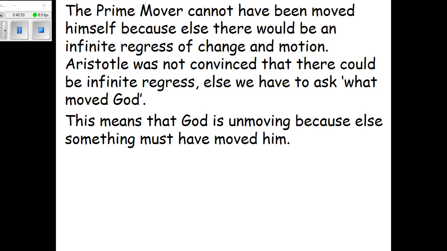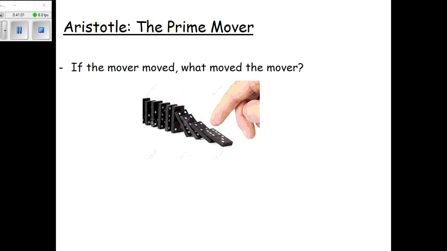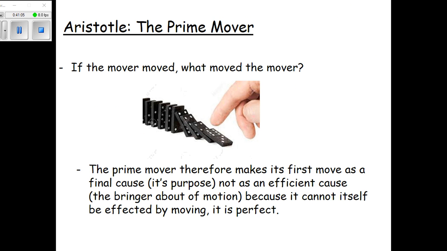Now this means that God is unmoving, because else something must have moved him. So if the mover moved, we'd be asking, well, what moved the mover? The prime mover therefore makes its first move as a final cause, not as an efficient cause. And that's because efficient cause is a motion. Okay?